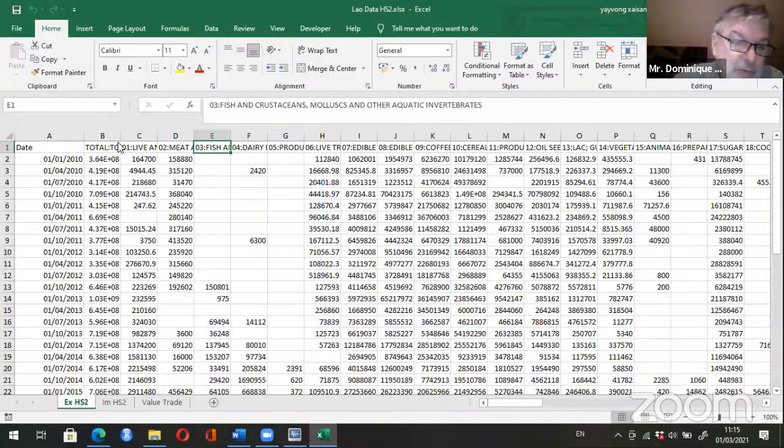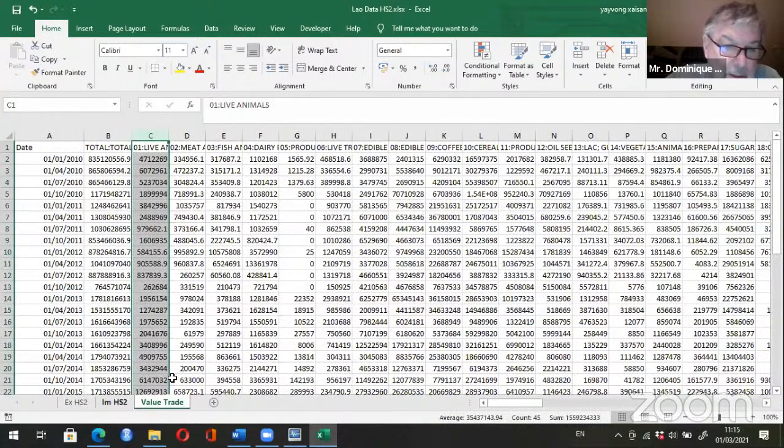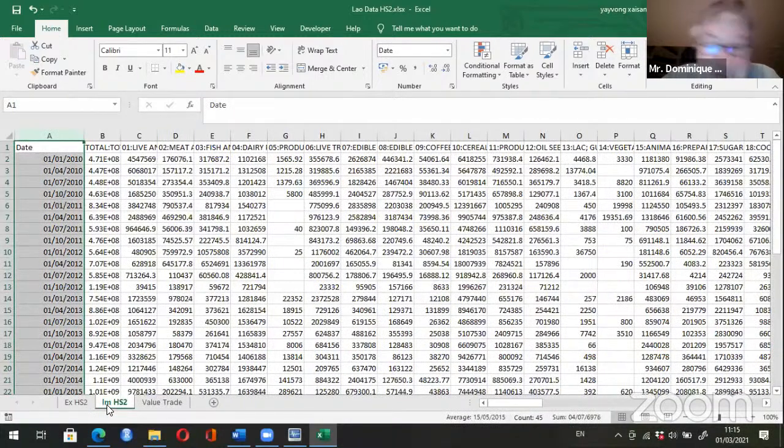Show me the values for recent years, for 2020. At the bottom of your Excel file, go down to the current year.